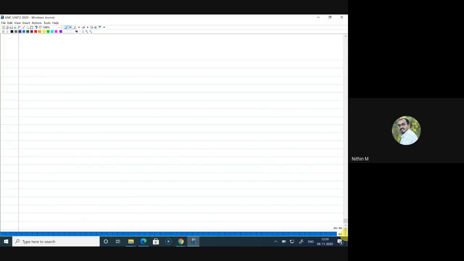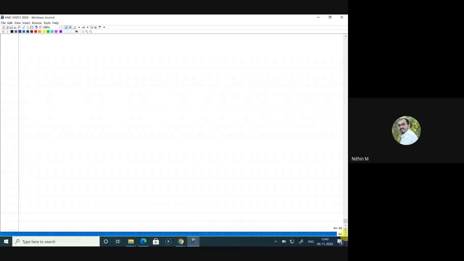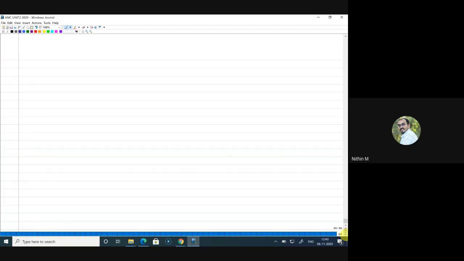So let me give you one question here. You have a BJT where a resistance is connected to the emitter, and this is connected to some DC voltage.